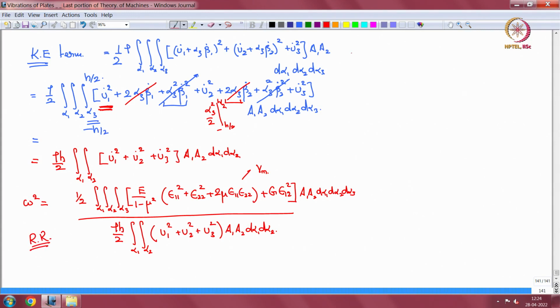So now, as a continuance to this topic of the Rayleigh method, I will present one very useful paper. It came out in Journal of Sound and Vibration 1985, pages 493 to 499.